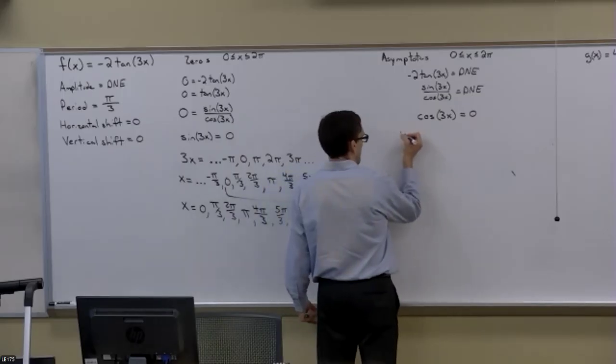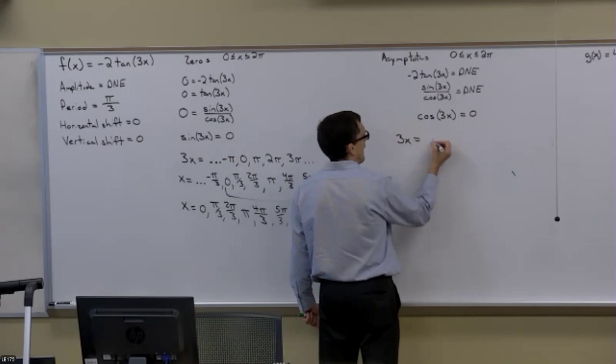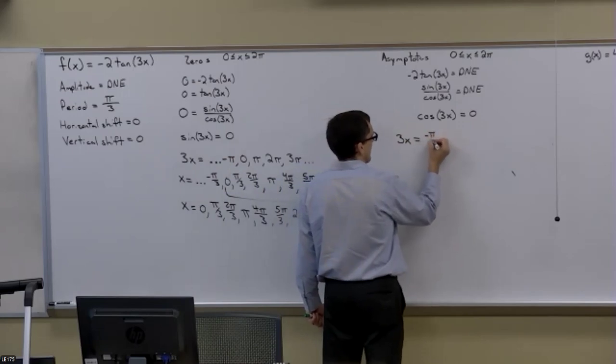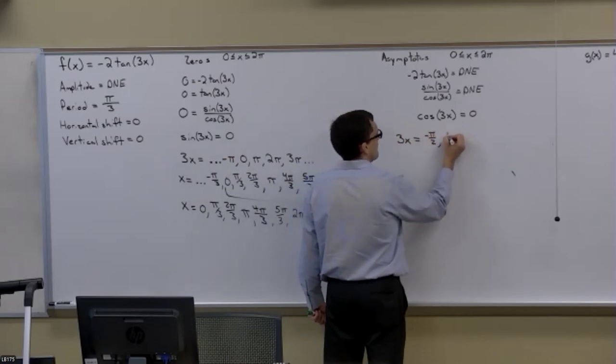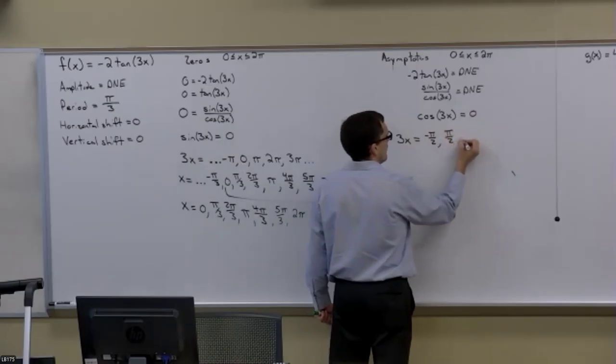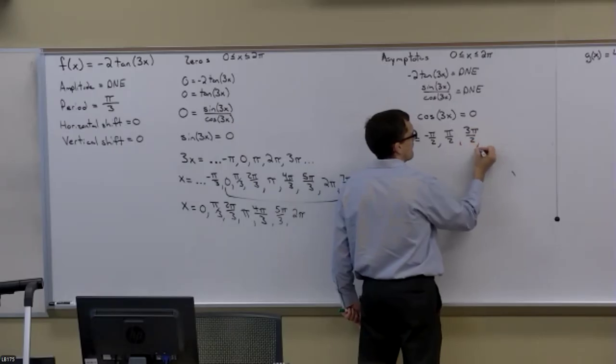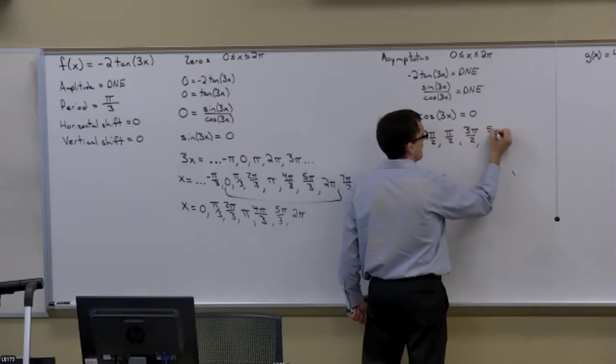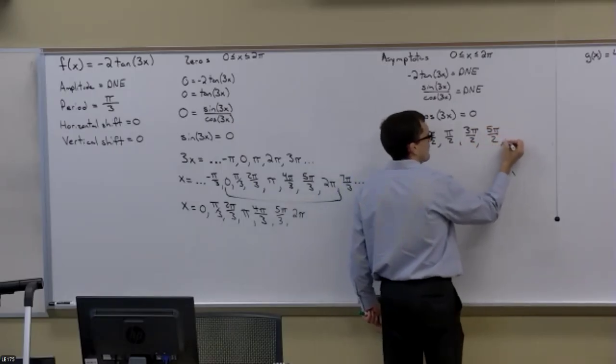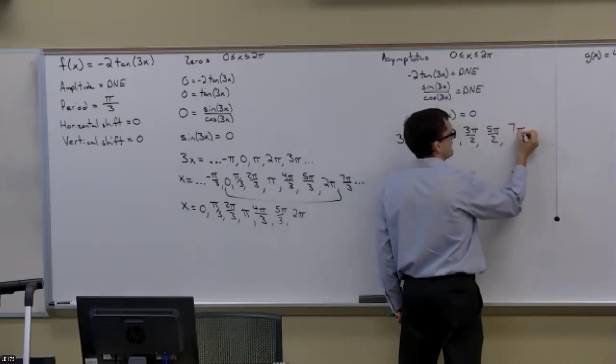That means from last class period that my angle has to be like, again, negative pi over 2, positive pi over 2, 3 pi over 2, 5 pi over 2, et cetera, et cetera, et cetera.